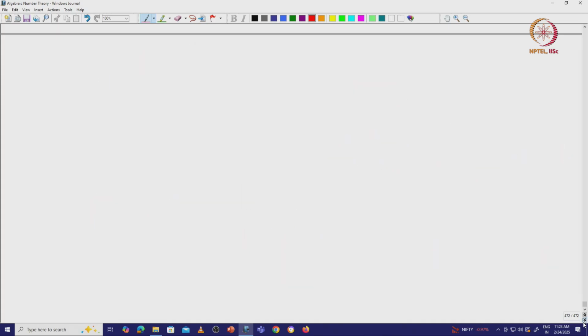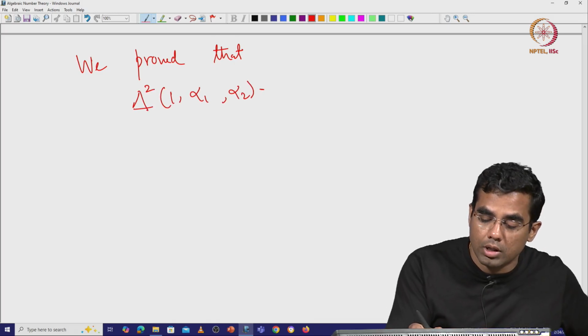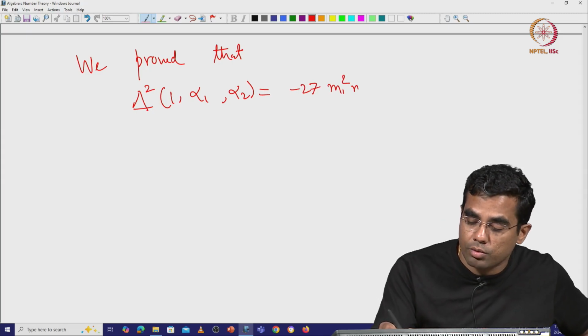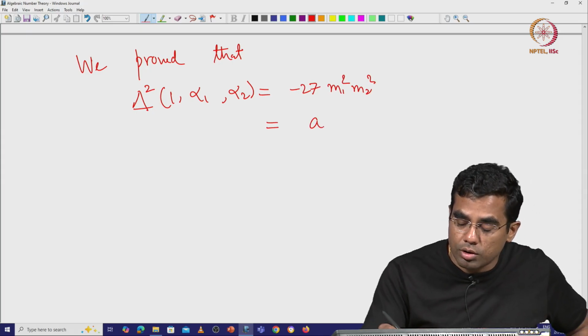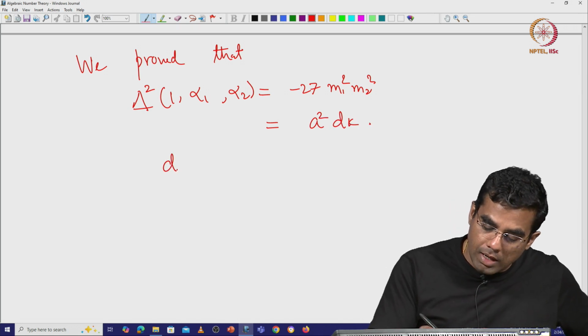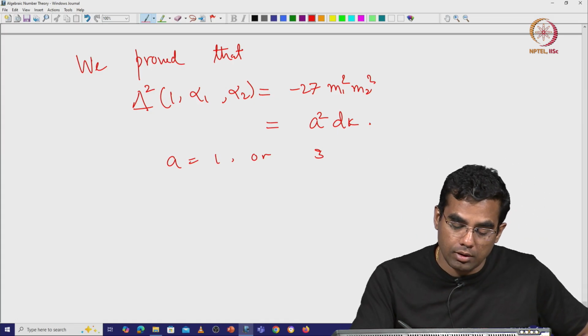What we proved last time is that delta squared of 1 alpha 2 is minus 27 m1 squared m2 squared. This is also equal to a squared times d_K, and a is 1 or 3.